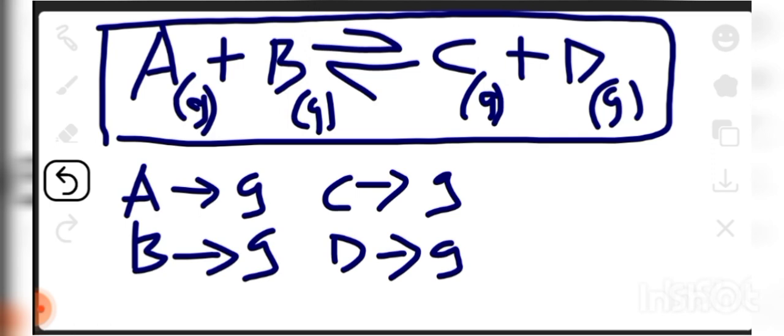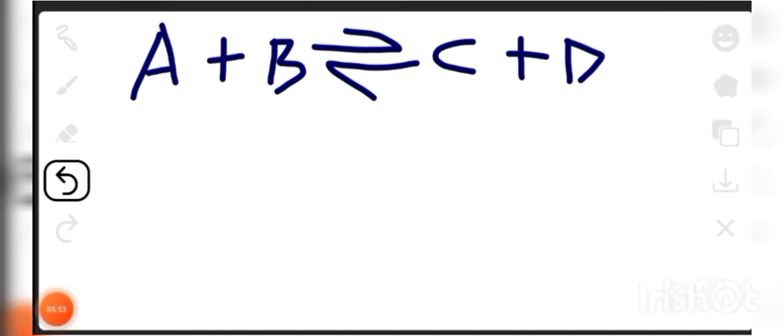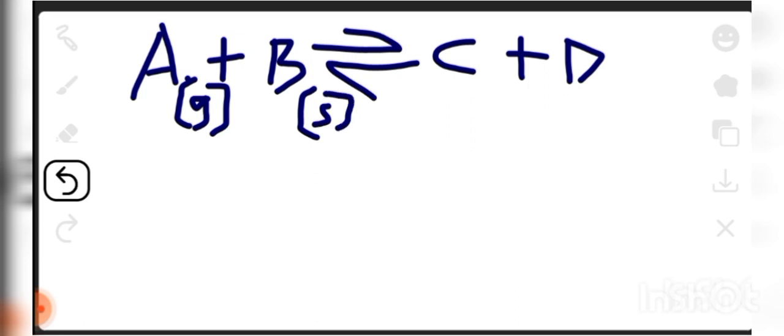Then what about a heterogeneous reaction? Now let's assume we have something like this. Let's assume A is in the gaseous state, B is in solid state, C gaseous, D also gaseous.